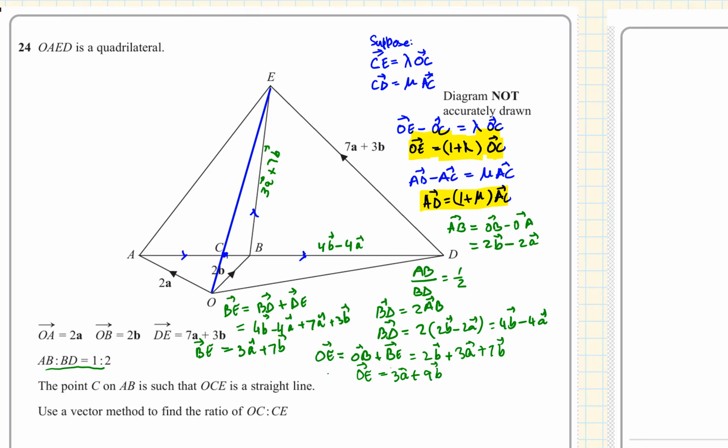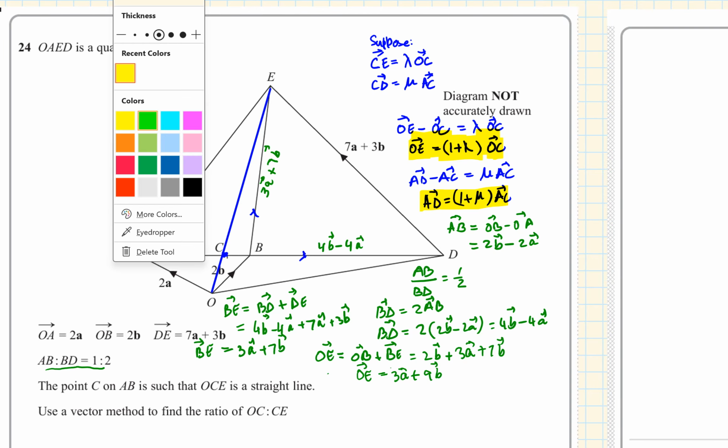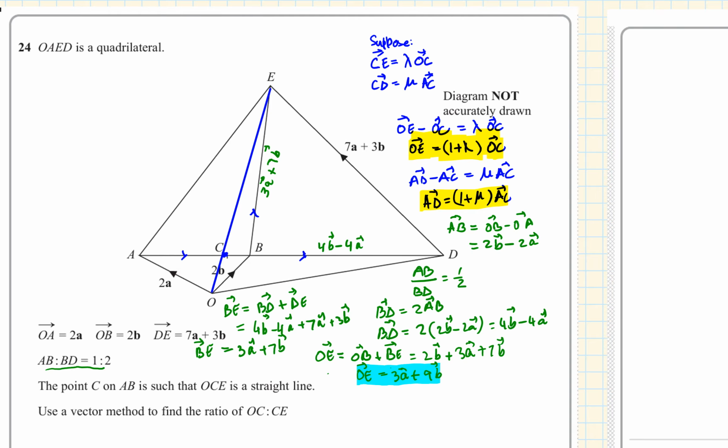So now we know OE, this whole straight line. We know OB. We know BE. We have to find OC. We still don't know what OC is.